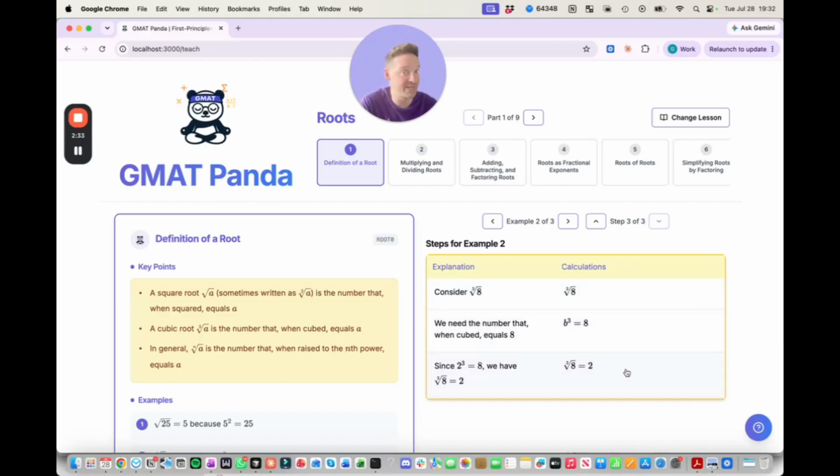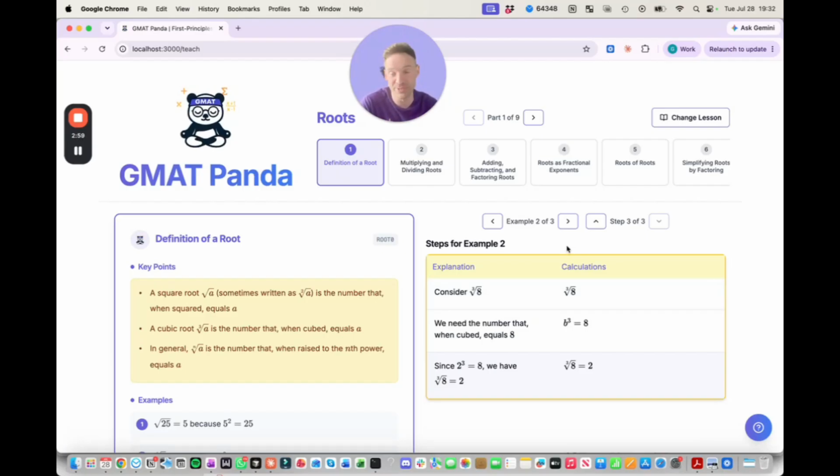If we take 2, well, 2 times 2 is 4, and then times 2 again is 8. So 2 is actually the number that we're looking for. And notice that in this case, we have a little 3 above the root symbol. Because in a cubic root, in order to know what we're talking about, that it's this particular type of root, we need that 3 to not be confused.